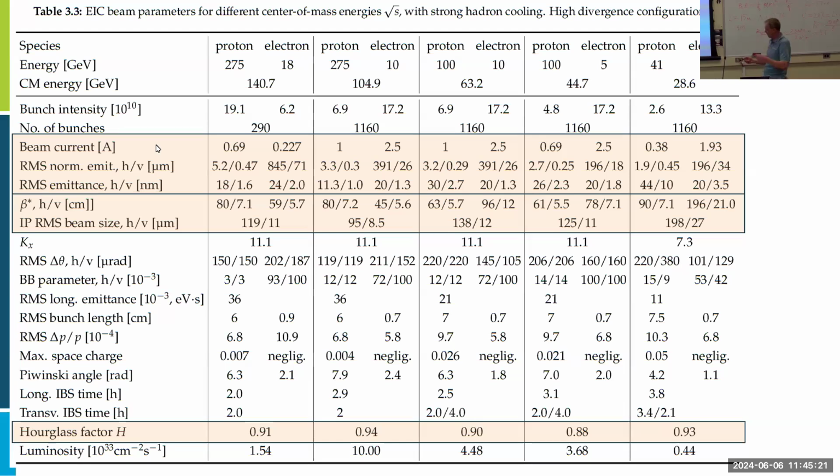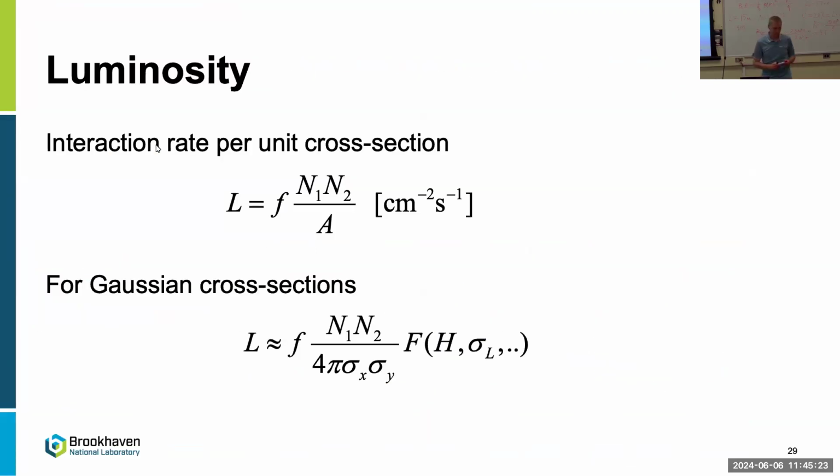Okay, so let's now finally talk about the luminosity. Luminosity is a really super important number for the entire machine. That's the number that gives me the most headache: how to get the luminosity to 10 to the 34.